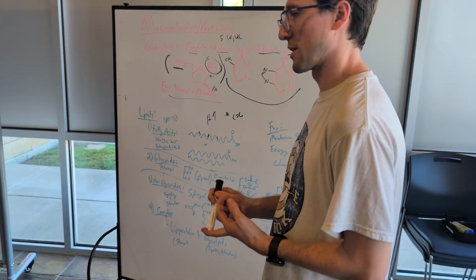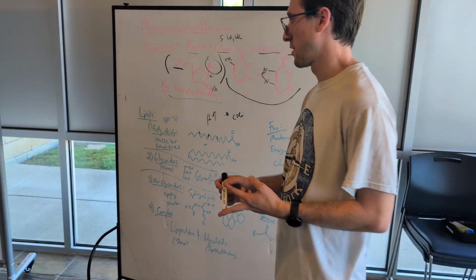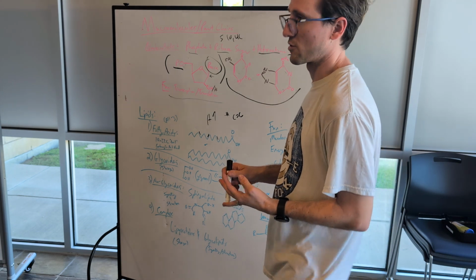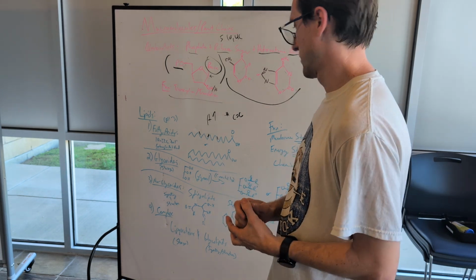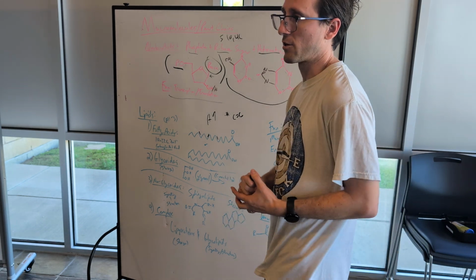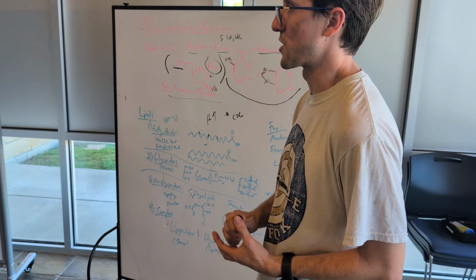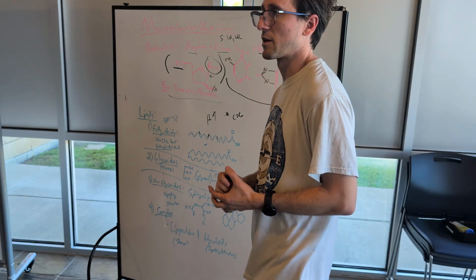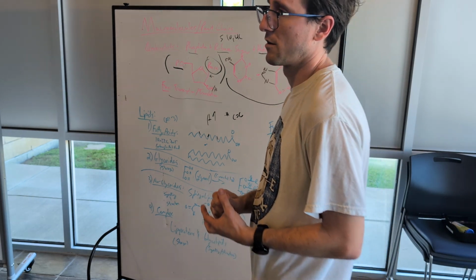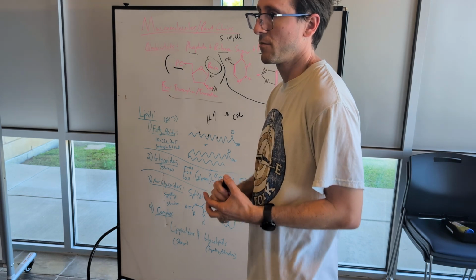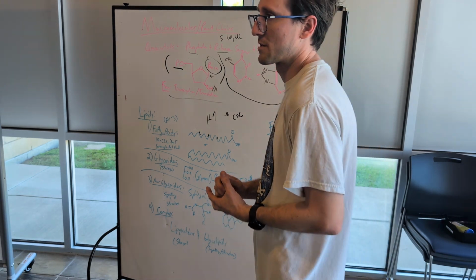And then you have glycolipids, which are going to be signaling and structure. So think about a glycolipid layer on your membrane and how that's used to identify your white blood cells, whether or not the cell is healthy.